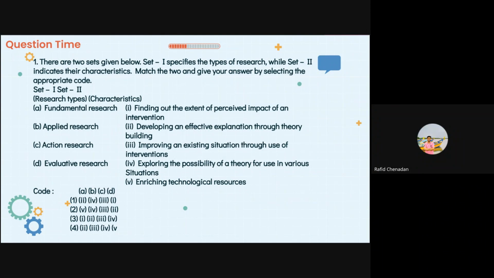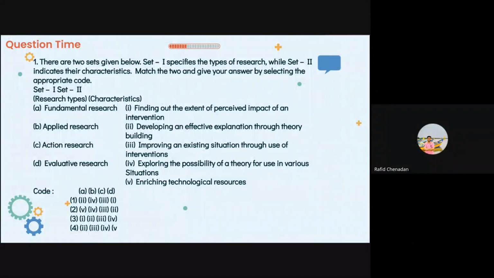And applied is not definitely fundamental, but we are applying this theory somewhere. And then let's say B is 4. 4 is exploring the possibility of a theory for use in various situations. So we are applying the theory in various situations.